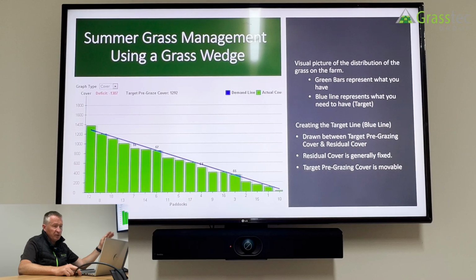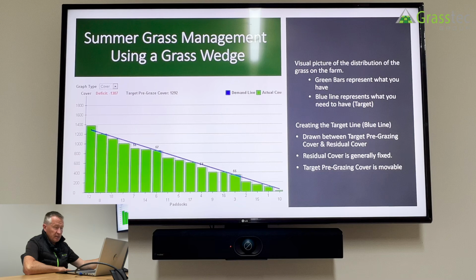So again we have kind of a joint screen here between the screen on the wall, which we have another camera on, and myself. So a grass wedge is basically a visual appreciation of the grass on the farm, of the distribution of the grass on the farm. So again, the green bars represent where each paddock and how much cover is on each paddock.